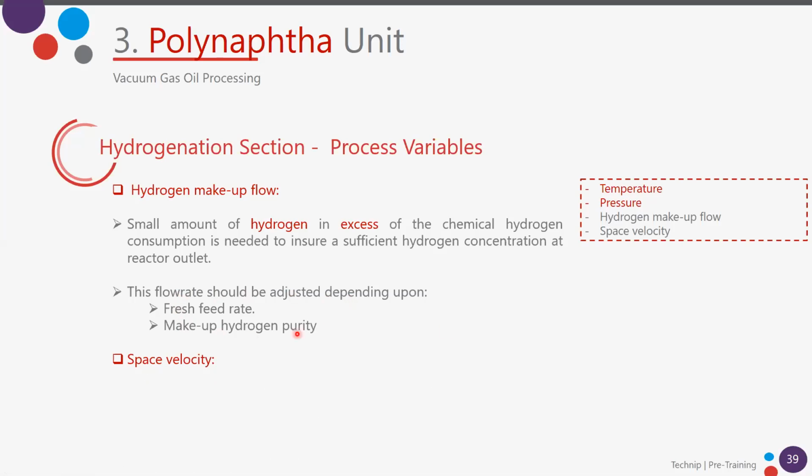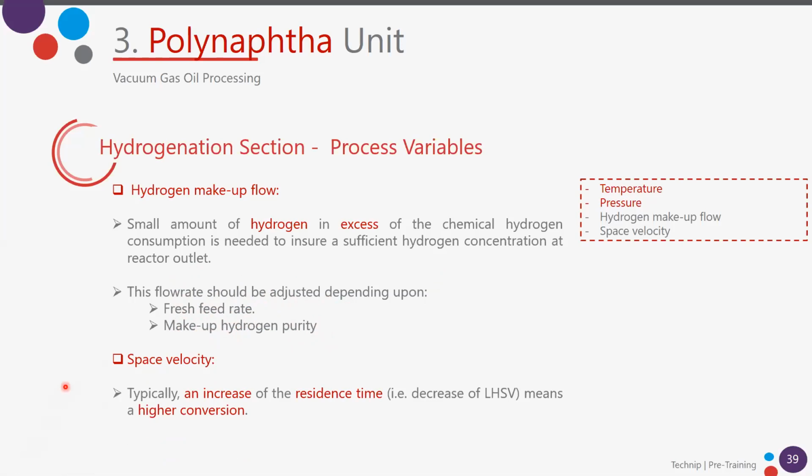These are the two variables that you have to see to adjust the hydrogen flow rate, okay? Remember that in this case, we have a very high purity hydrogen from the PSA, so there is no problem with the hydrogen purity.